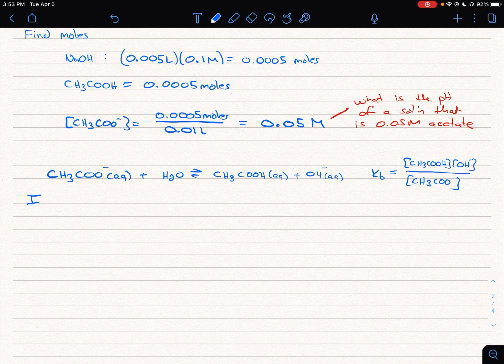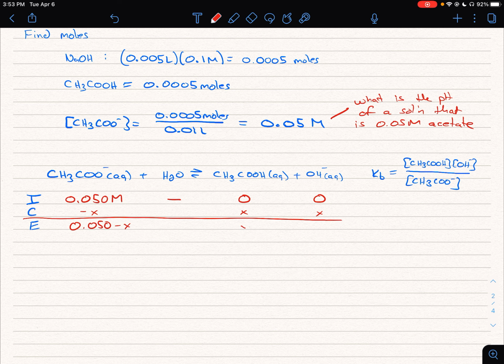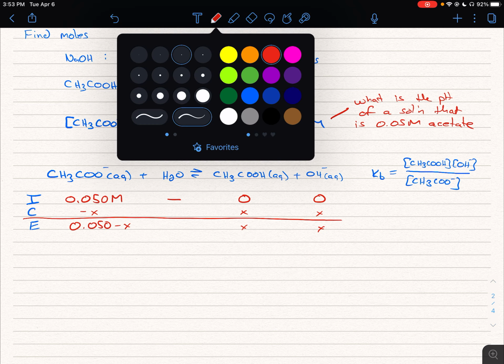We can now set up our ice table and plug in what we know. We're starting with 0.050 molar of acetate. We don't care about water. We have no acetic acid, no hydroxide. Our change then is minus x, x, and x. So at equilibrium, we have 0.050 minus x, x, x.